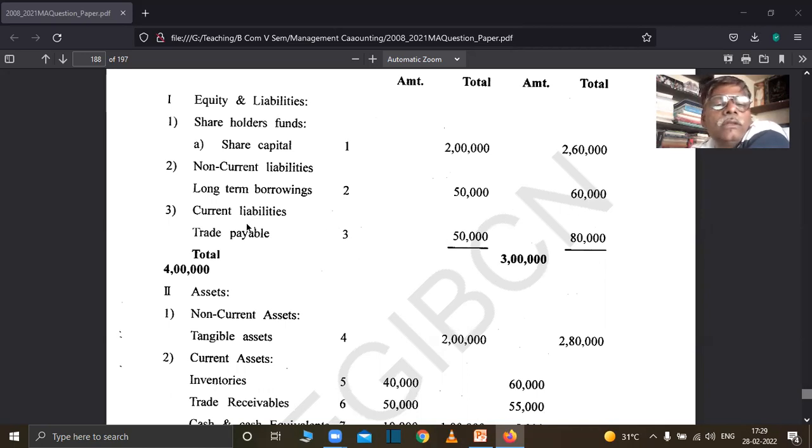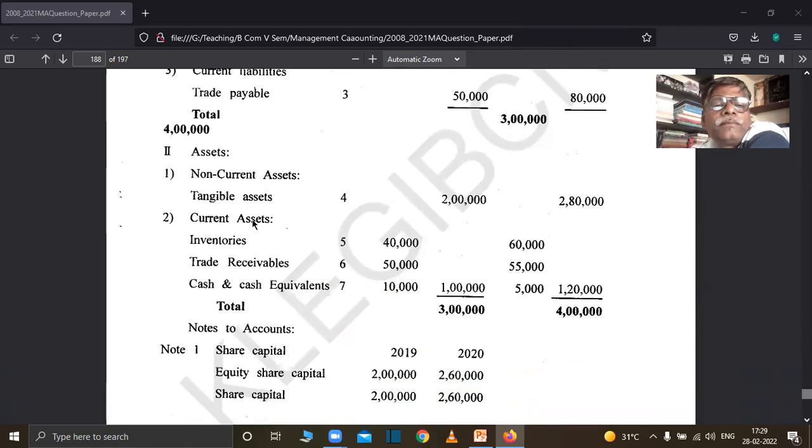Source. Okay. Current liabilities, trade payable is there 50,000, 80,000. There is an increase in the current liability. Okay. If you come to the asset side, non-current assets 2 lakh, 2,80,000 is there. Current asset there are 3. One is inventory, second is trade receivable, third is cash and cash equivalent.